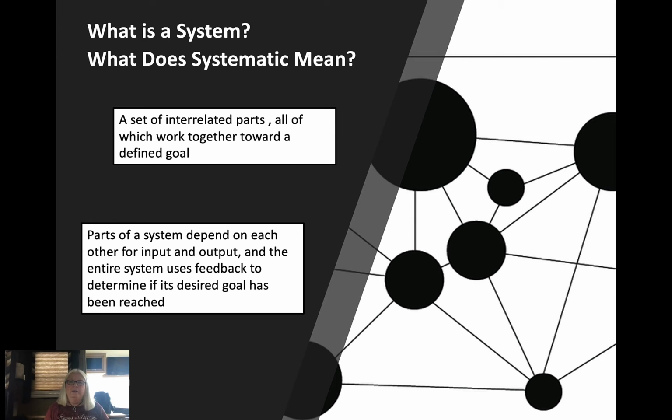You may have heard of systems thinking. This is where we look at learning and training as a systematic process in which every component is crucial to successful learning. So systems thinking can be used to analyze performance problems and design instruction in the best way.